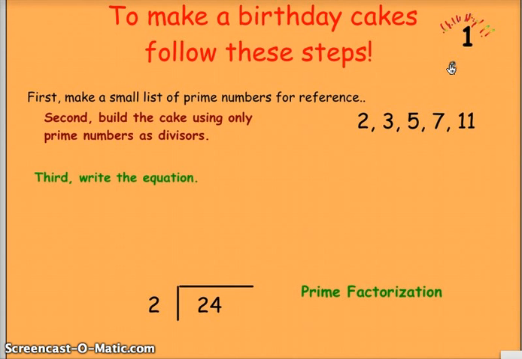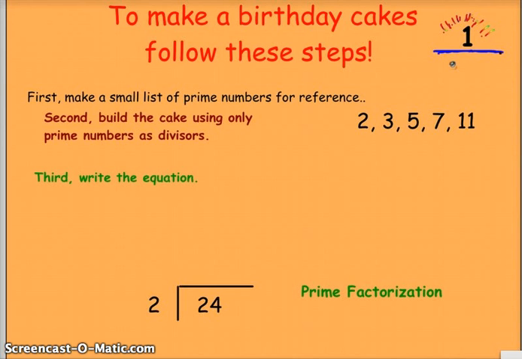As Three Dog Night tell us, 1 is the loneliest number. He is not prime and he is not composite. He is special by himself. As we do this birthday cake method, each time we are coming up to a number 1, which we call our birthday candle. We build the cake until we get to a 1.